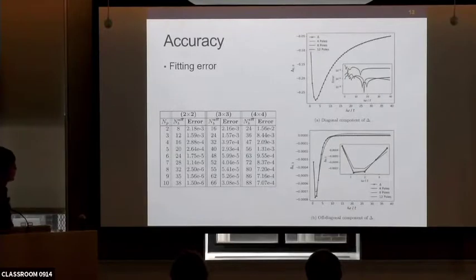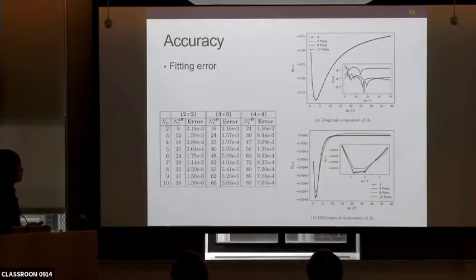First of all, let's look at the fitting error. This is using the semidefinite relaxation. One feature is you can go to very large bath size, and still the error is very good, like 10 to the minus 6. And you can go for 2 by 2 size impurity, 3 by 3, or even 4 by 4. You can optimize this pretty well.